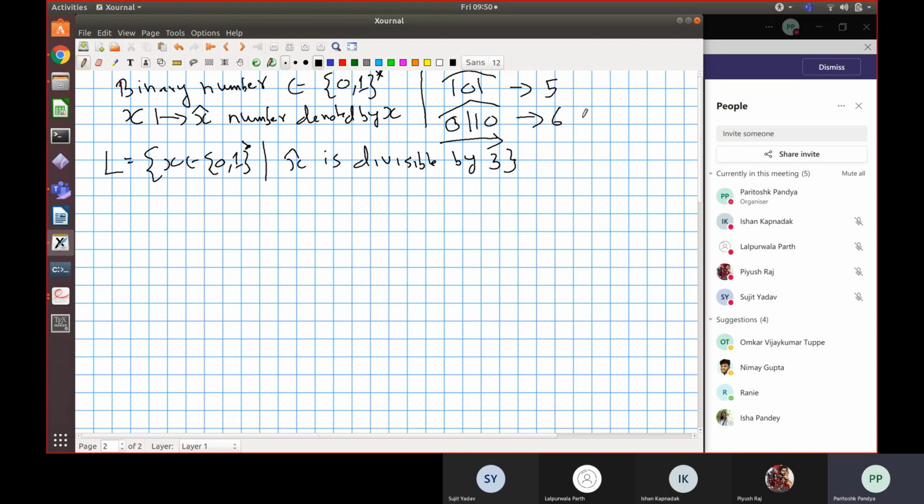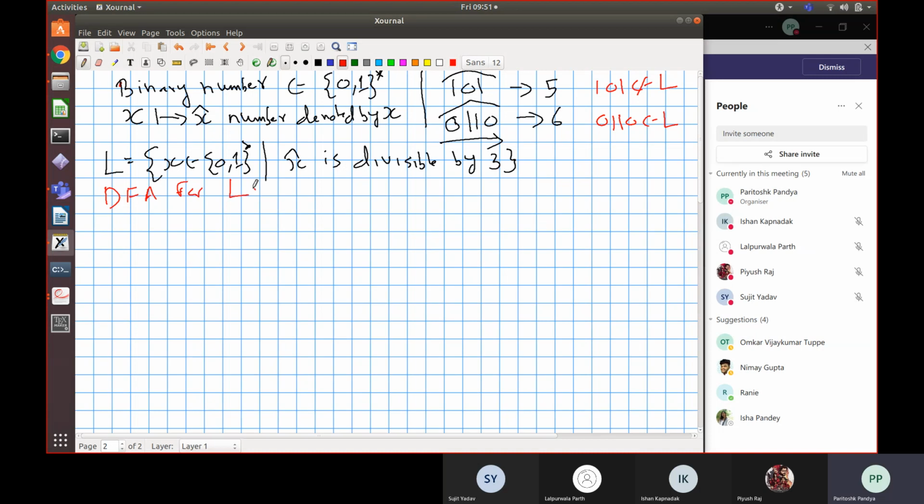So will 0110 be in the language? Yes, sir. So 0110 belongs to my L. What about 101? No, 101 does not belong to L. I want to accept all the binary words which belong to the language. So the language is clear. Now what we want is a kind of DFA for L.